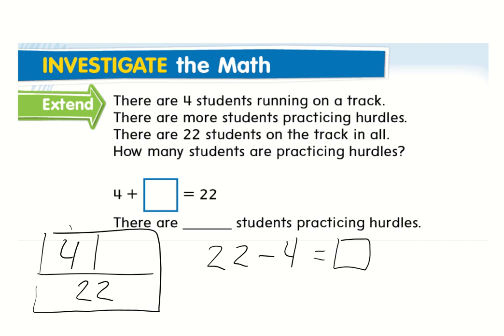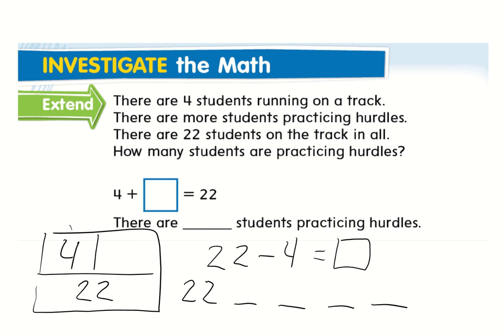So, what I want to do is instead of drawing 22 circles, I'm actually going to use my count back method here to work with this guy. So, I'm going to start with the number 22, and I know I'm going to count back 1, 2, 3, and 4 on this guy, so I know that one's going to work for me. So, if I do 22 minus 4, it should be the same exact thing as 4 plus something equals 22, because that's my part that I'm missing right on that end right there.